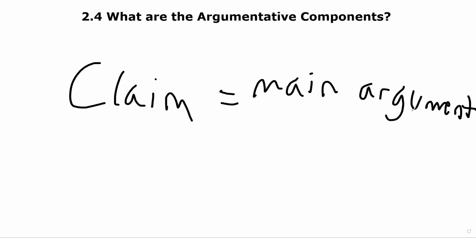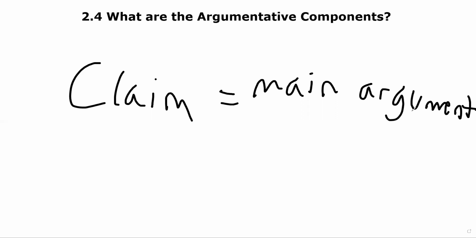So let's take the example of should students wear uniforms or not when going to school. If the writer is arguing that students should wear uniforms, then the claim would be students should wear uniforms. Vice versa, if the writer is arguing against students wearing uniforms, then the claim would be students should not wear uniforms.